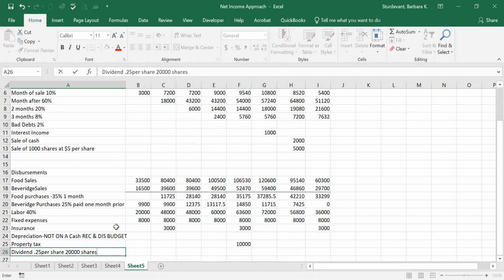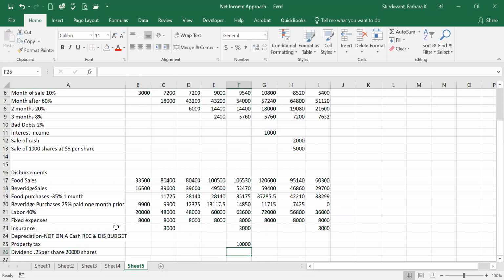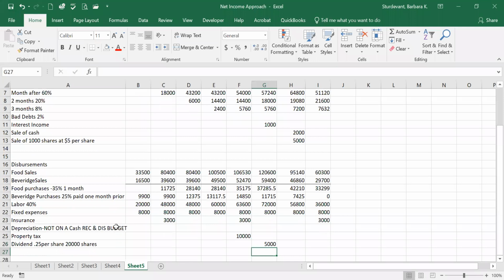So all you would do is multiply, nope, sorry, it's August. You would multiply the 25 cents times 20,000 and you would get 5,000. Okay, and then the last piece, they plan to in September buy equipment.